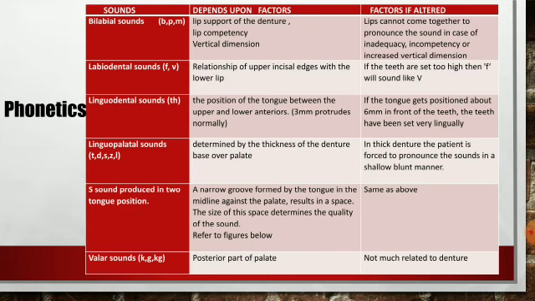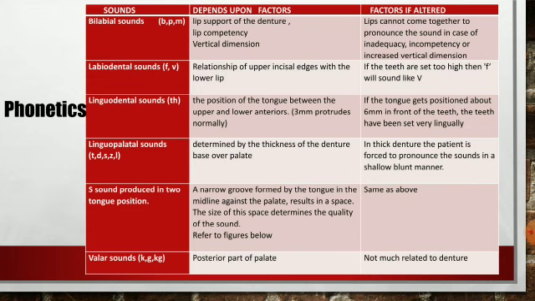Now just imagine if you give a denture to the patient which leads to overstretching of the lips. In that case, the upper lip would not be able to touch the lower lip. If the lips do not come in contact, a bilabial sound would be difficult to produce.